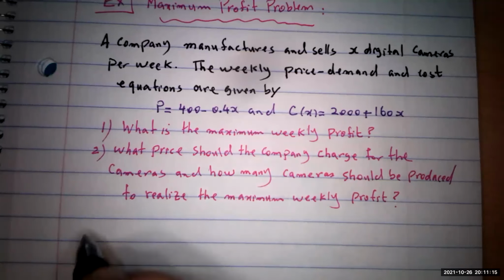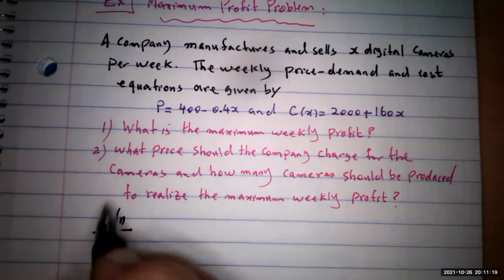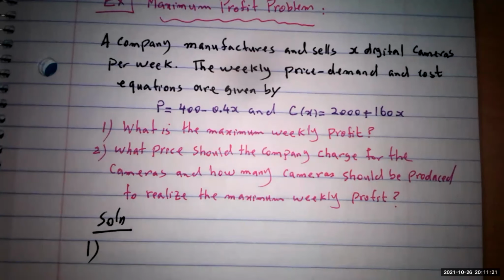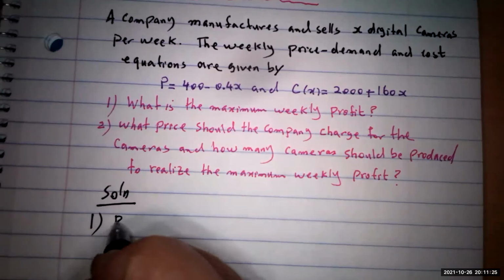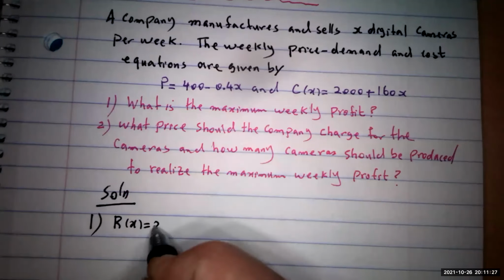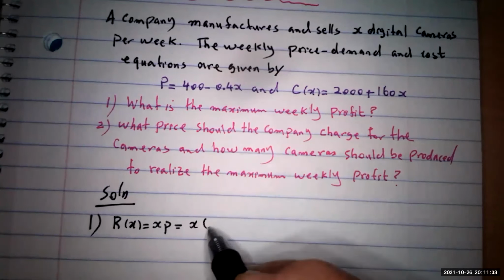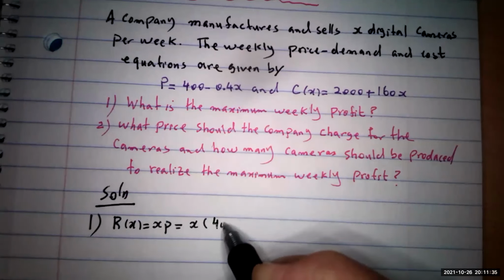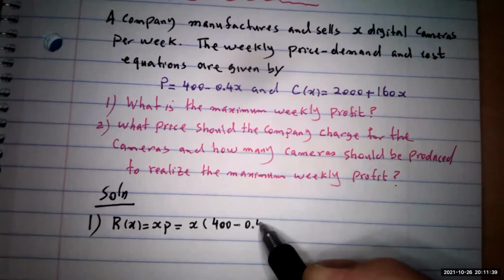So this is going to be the solution for part 1. Start with the revenue function again. The revenue function R of x is x times P. Substitute: x times P, and P is 400 minus 0.4x.